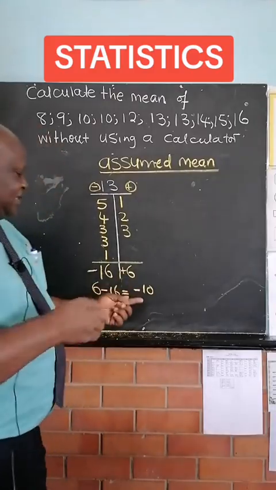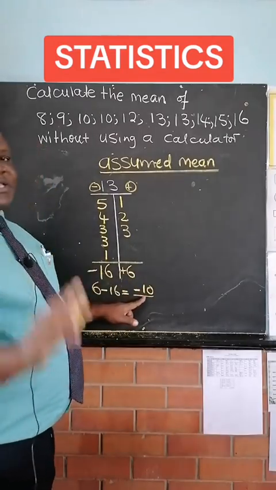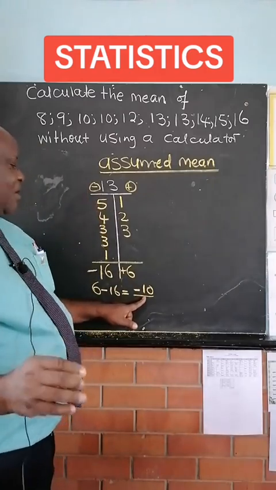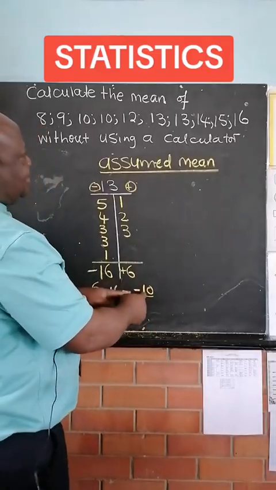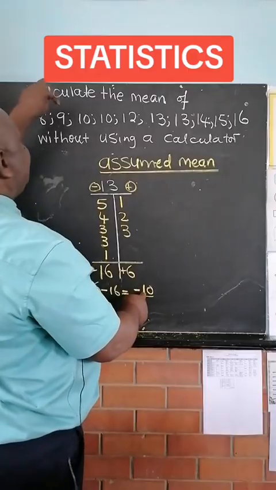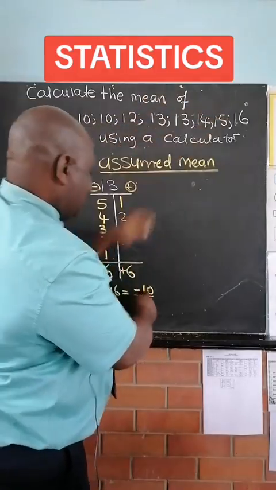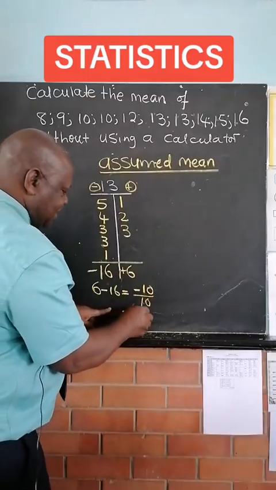Right, this total deviation of -10 is what I'm going to use to adjust my assumed mean so that it is the exact mean. What I'm going to do now is divide this total deviation by the number of observations. 1, 2, 3, 4, 5, 6, 7, 8, 9, 10. So I'm going to divide by 10 there. And that gives me -1.